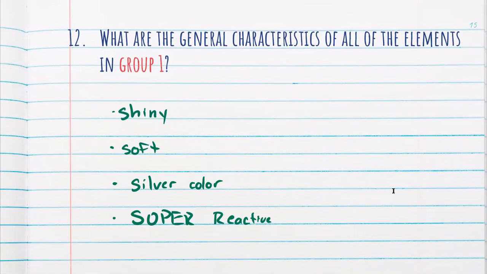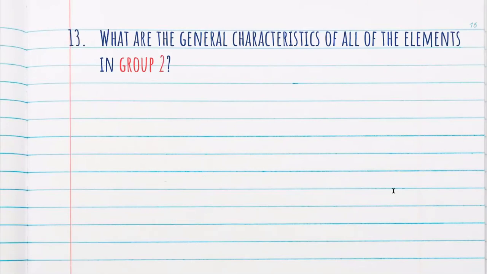This is group 1. Well, what about group 2? For group 2, very similar. They're also soft and shiny. However, while they are reactive, they're not as reactive as group 1.